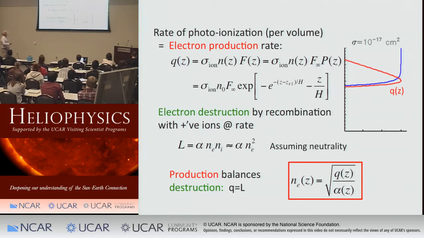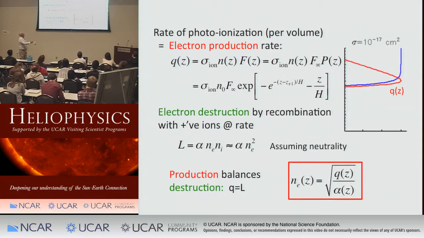If basically for every electron I create an ion, that means the destruction goes as the density squared of electrons. This is the reason there's an interesting balance. The production goes as density, the destruction goes as density squared. So eventually, I can balance those two. Production can balance destruction. And the number density will go as, in equilibrium, a square root.